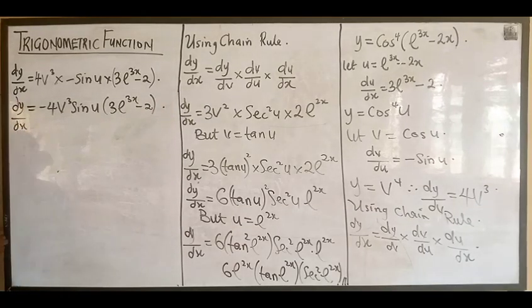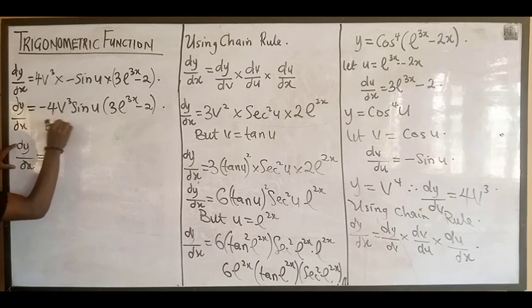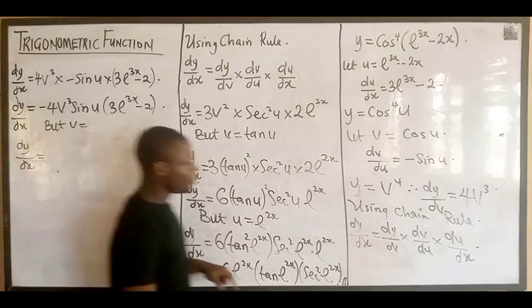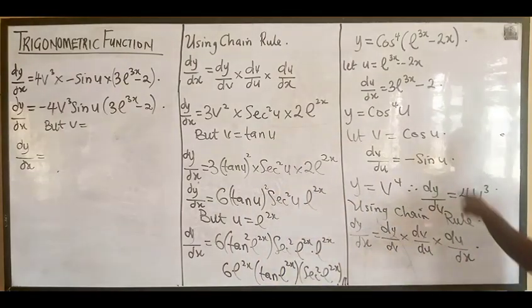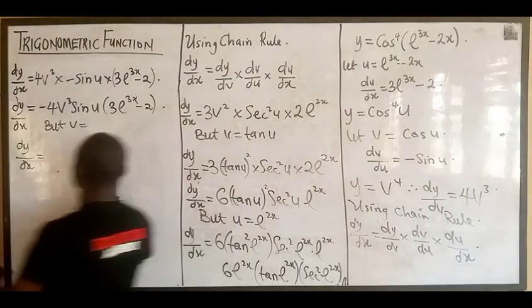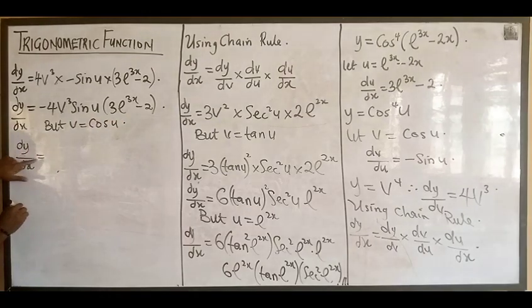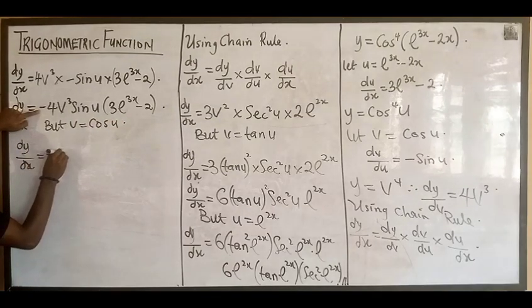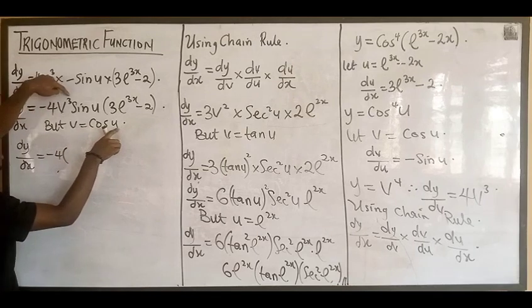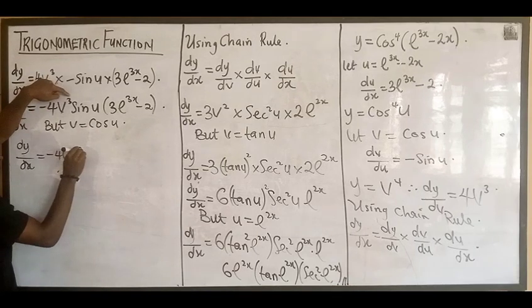At this point, I'll have dy/dx equal in value to, but sorry, before this, what was v? Check, what's v? v was cos u. Of course, dy/dx is negative 4 into cos u all cubed. That becomes cos cubed u.